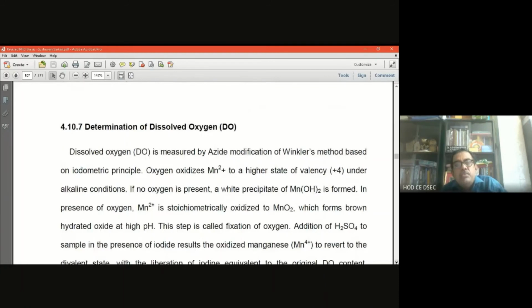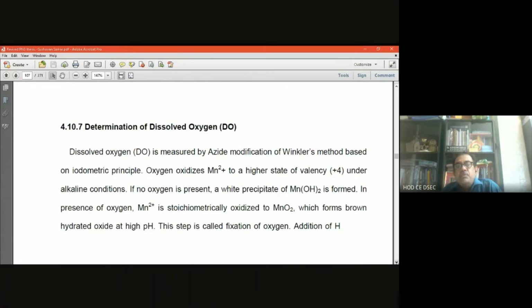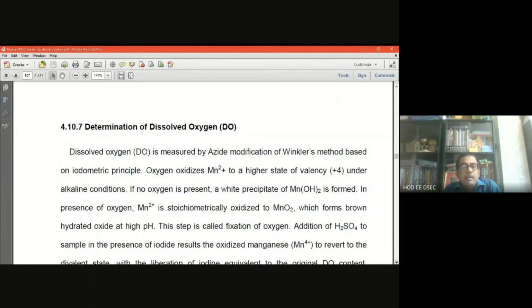Now, what is the mechanism at work in this DO calculation? Dissolved oxygen is measured by the azide modification of Winkler's method on the iodometric principle, where oxygen oxidizes manganese. Oxygen oxidizes manganese 2 plus to a higher valency state of plus 4 under alkaline conditions, because you have used the alkali azide.